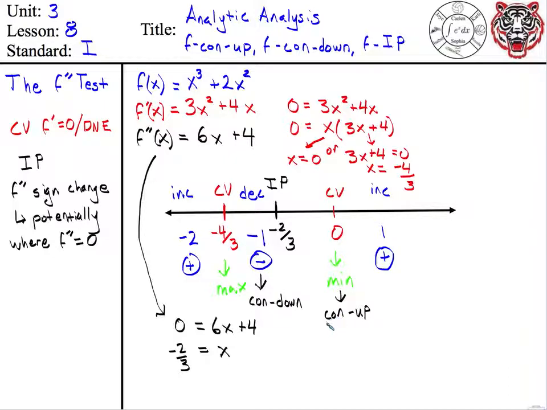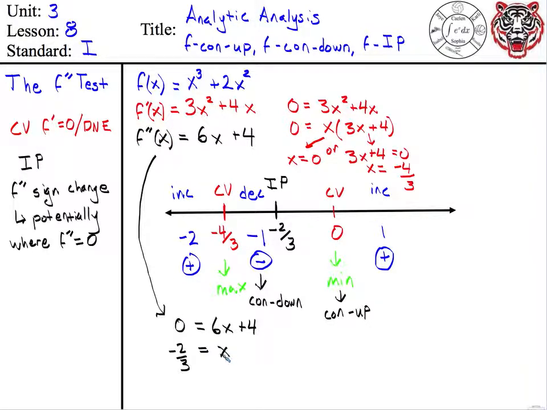Can you explain it one more time? All right, so after I've done the first derivative test, that was everything up to minimum and maximum, then I needed to figure out my concave up, my concave down, and inflection point. The way that I do that is with the double prime test, f double prime. We plugged 0 into f double prime because that's potentially where we can have an inflection point.